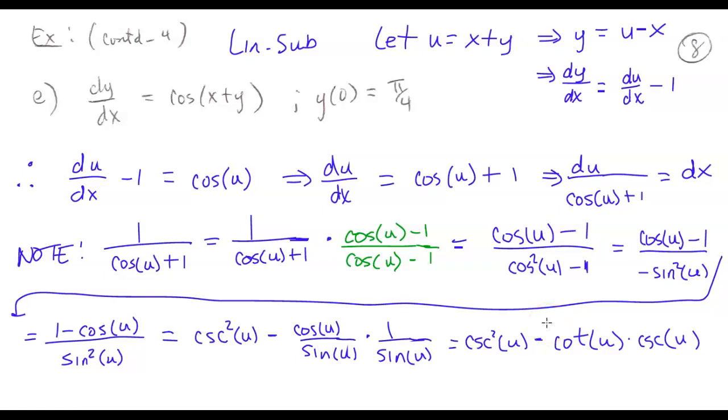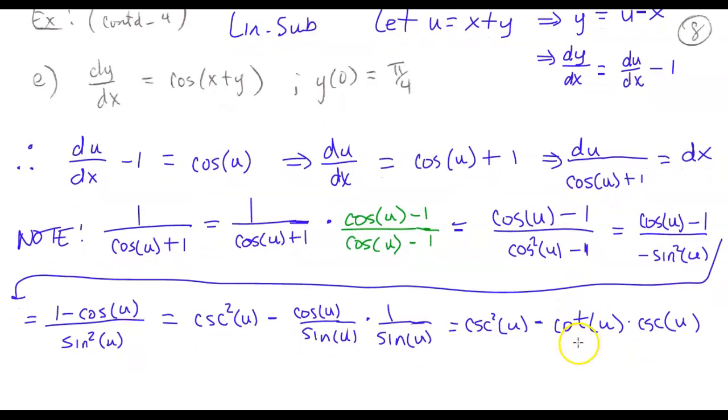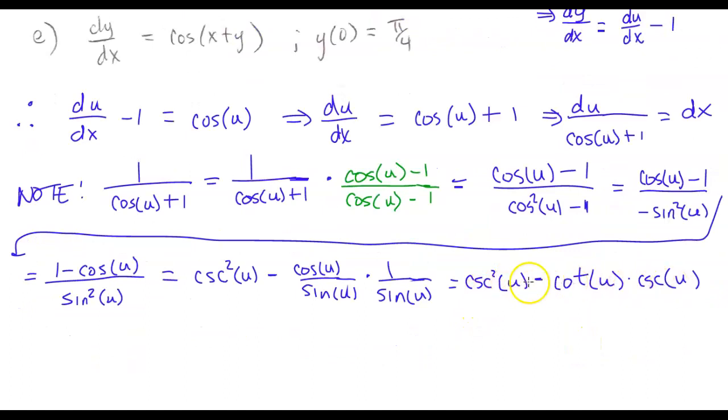So that means that the antiderivative of cosecant squared would be a negative cotangent. So we have this particular expression here, the 1 divided by cosine of u plus 1, in a form that will let us integrate with relative ease.